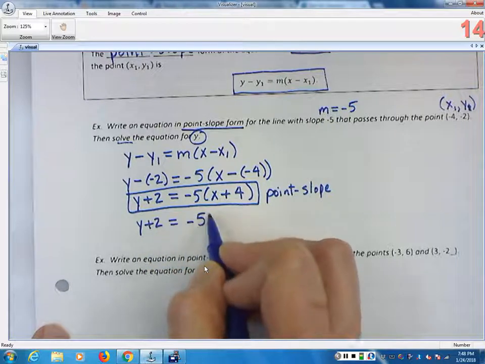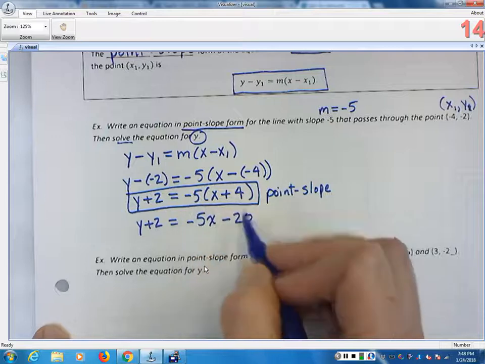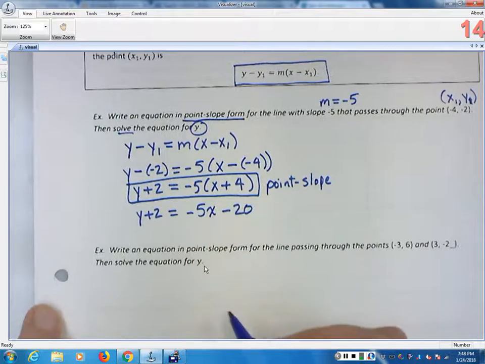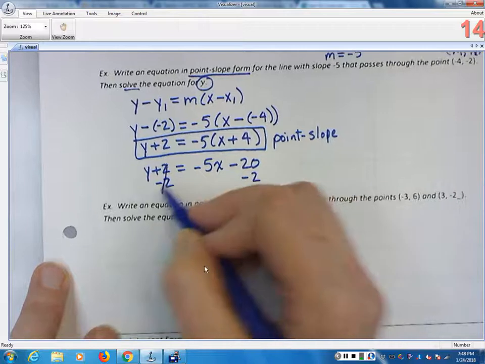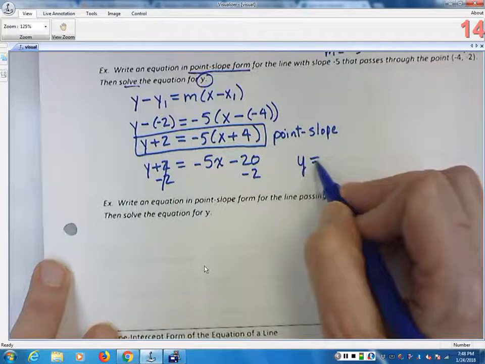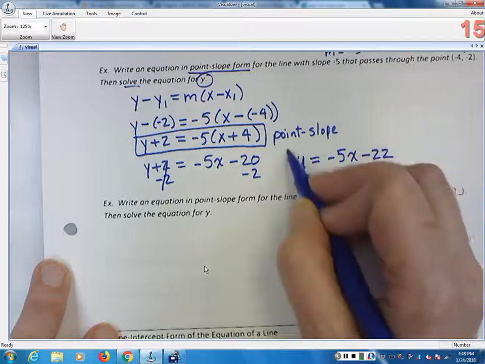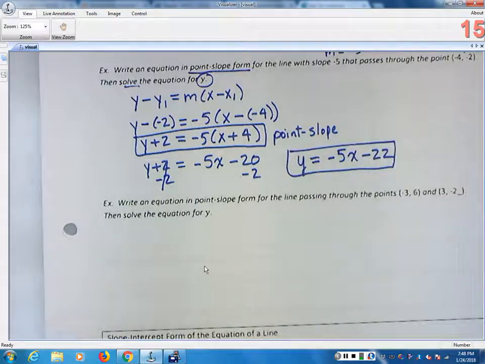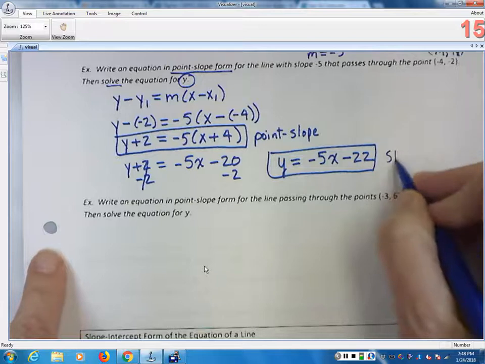Minus 5x minus 20. Minus 5 times 4 is minus 20. And then we're going to subtract the 2. And we're going to get y equals minus 5x minus 22. So, if you have a slope and a point, you can find the equation of the line. You can find it in point slope, and you can find it in slope intercept.